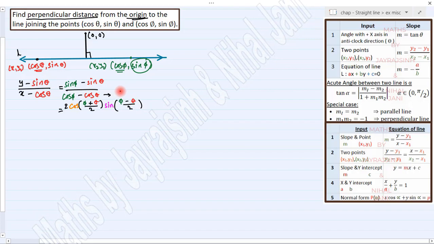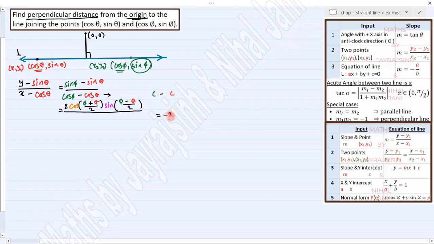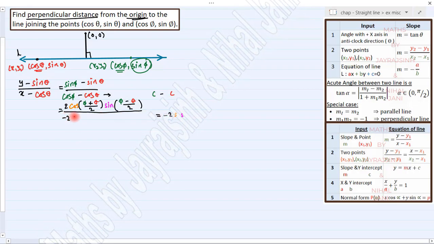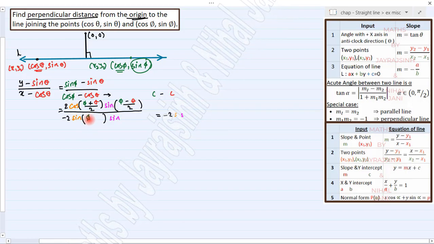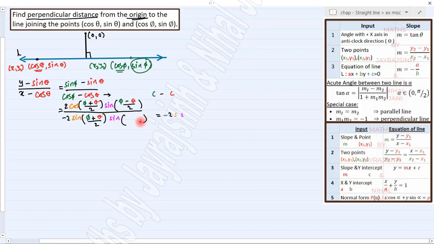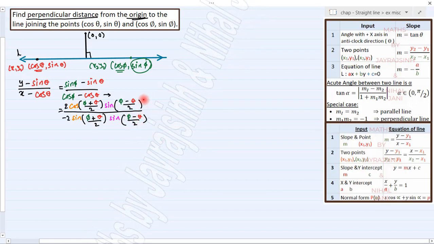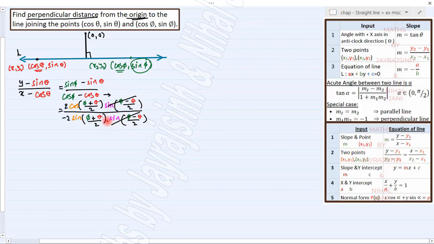Now in the denominator we have cos minus cos, which can be simplified as minus 2 sin sin. So here we'll get minus 2 sine and sine, and we know that in the first term we'll get phi plus theta by 2, and in the second term we'll get phi minus theta by 2. So as you can see, the terms of sine and 2 will be cancelled out.